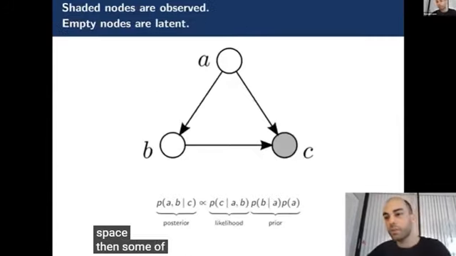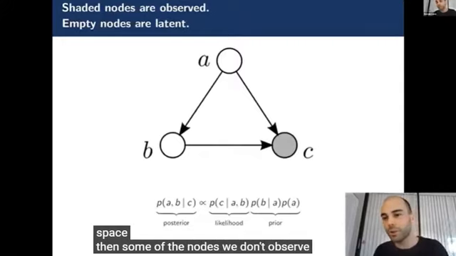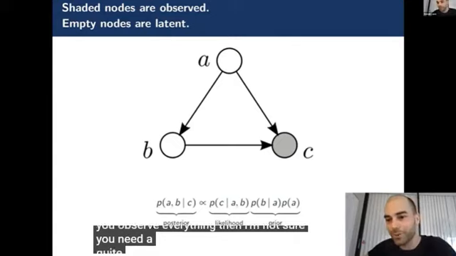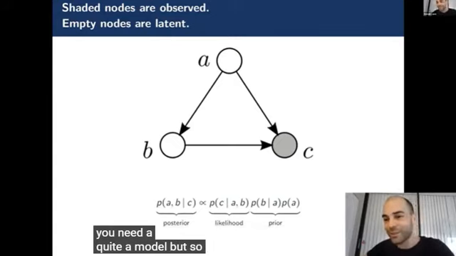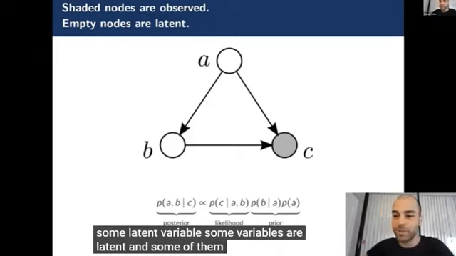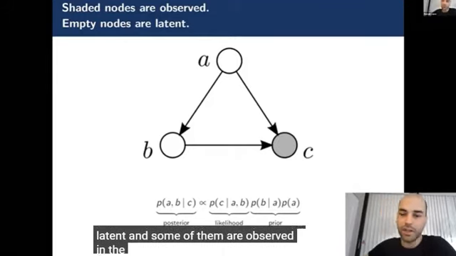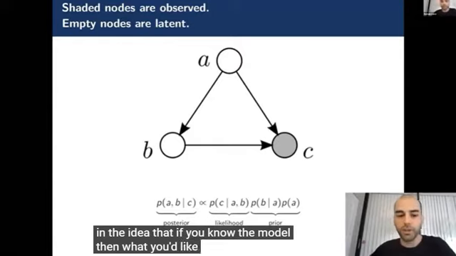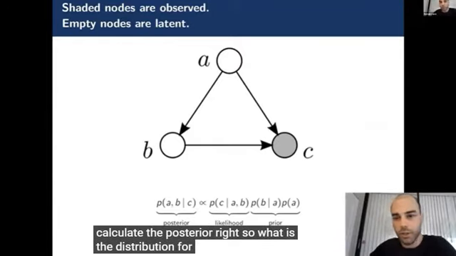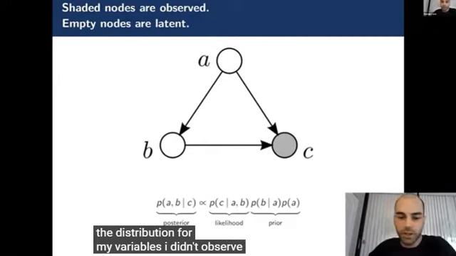Then for some of the nodes, we don't observe everything, right? Actually, if you observe everything, then I'm not sure you need quite a model. So here, some variables are latent and some of them are observed. And if you know the model, then what you'd like to do is calculate the posterior, right? So what is the distribution for my variables I didn't observe?